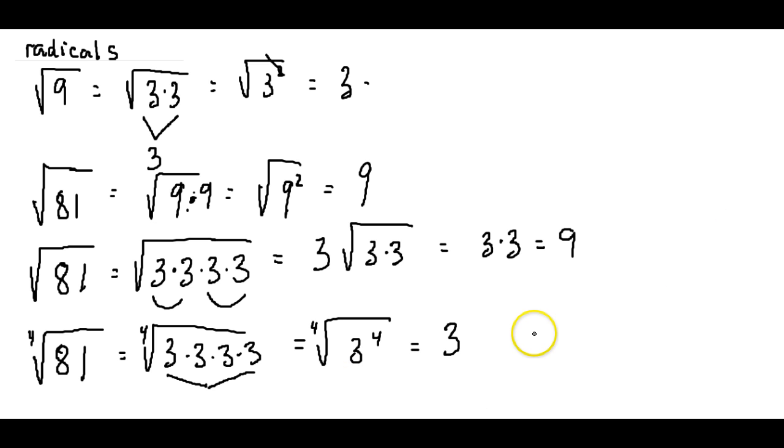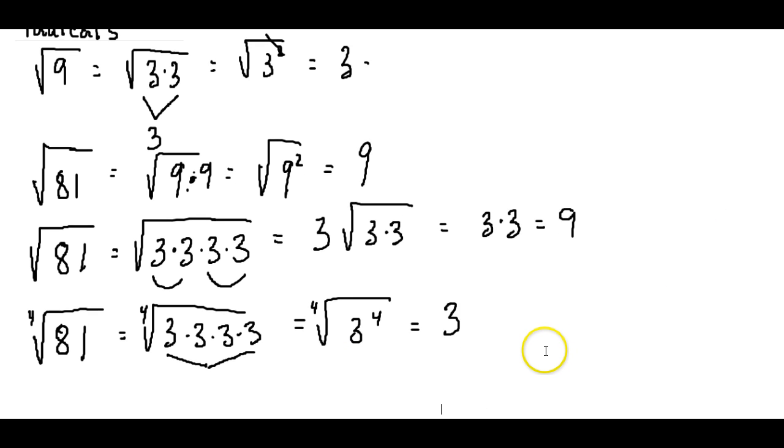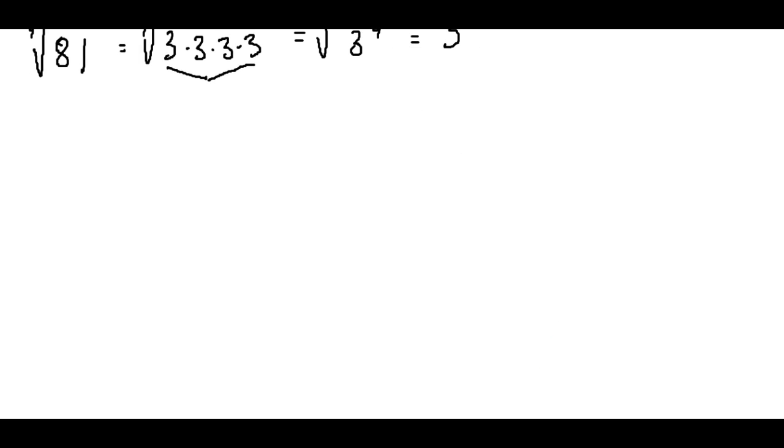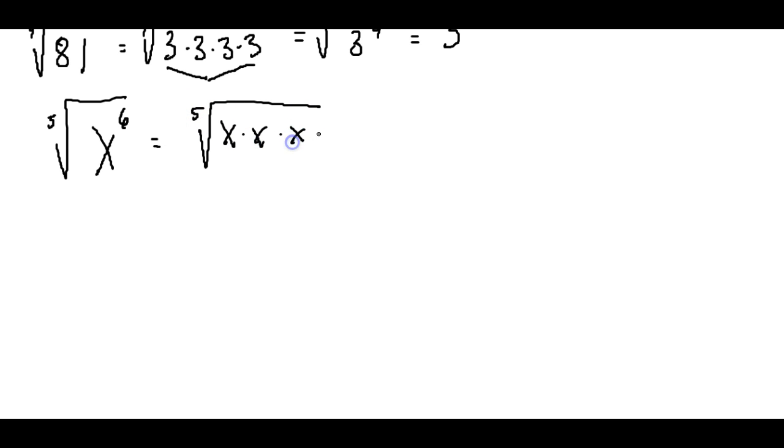So let's look at this in terms of variables. I'm going to move down my board just a little bit. What if we have the 5th root of x to the 6th? Now what does that look like? We're looking for groups of 5. So I'm going to rewrite this radical as the 5th root of x times x times x times x times x times x. Well, we have 5 x's and 1 left over.